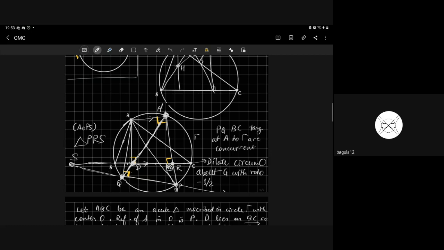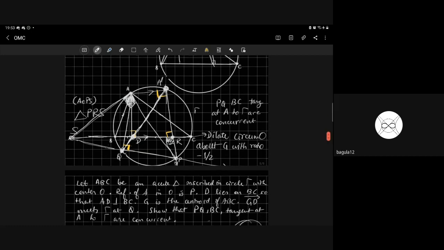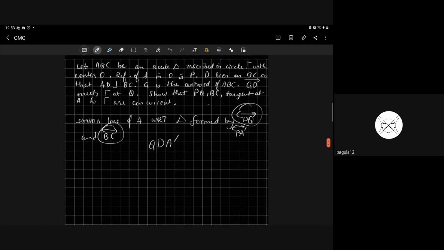AP is a diameter, correct? So that must mean AS is a tangent, because it is perpendicular to the radius. Okay, cool. Got it.